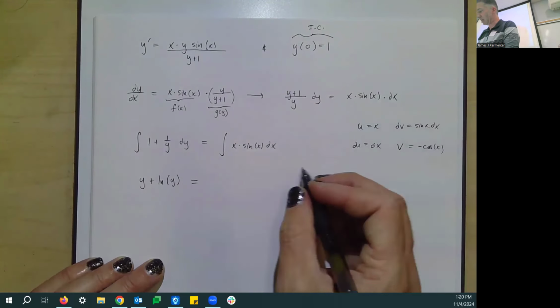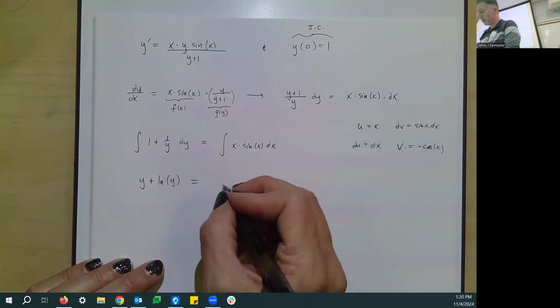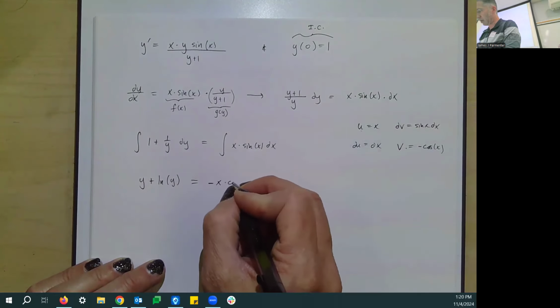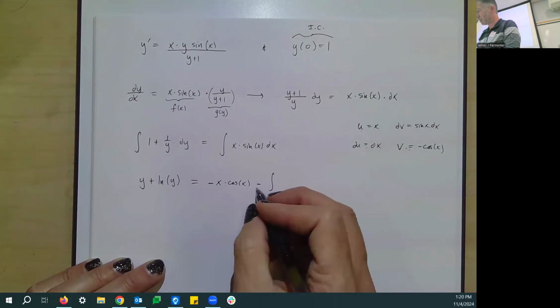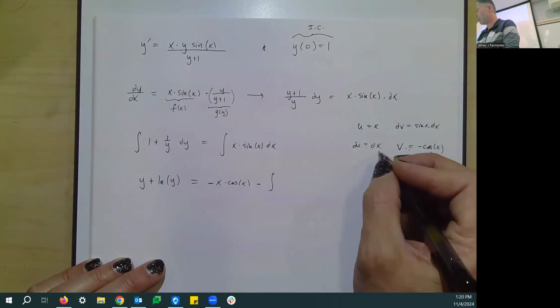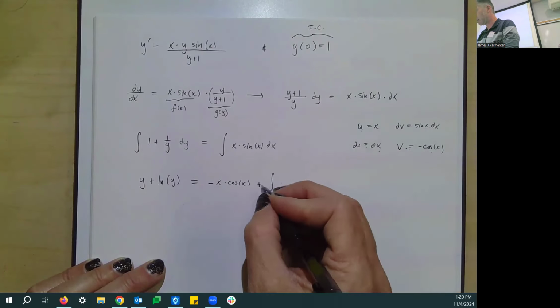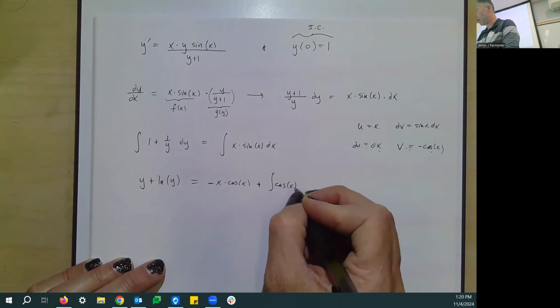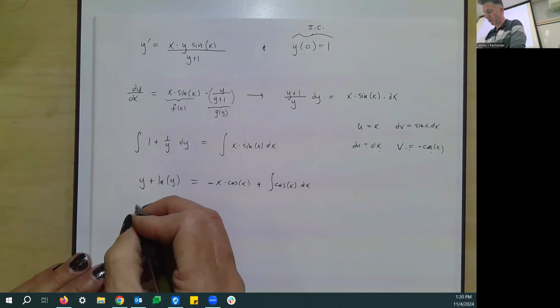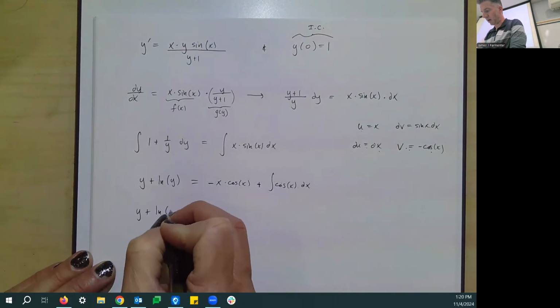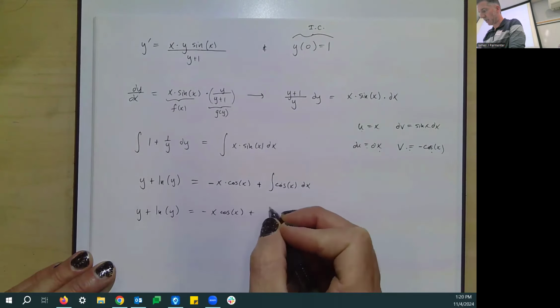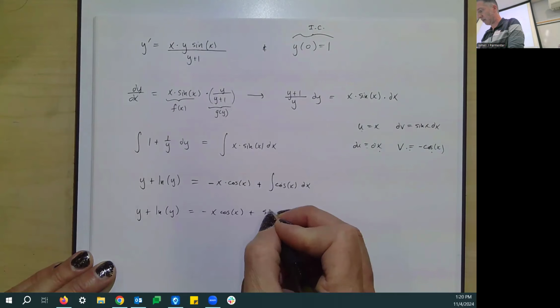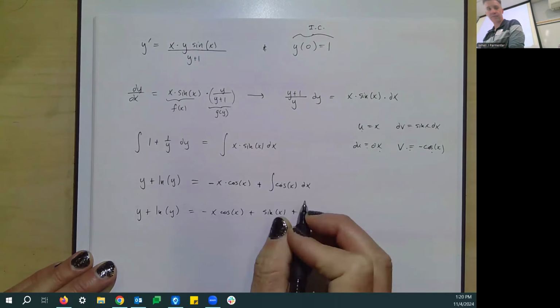So we're going to end up getting u times v, so negative x times cosine of x, minus the integral of v du, so minus the integral of negative cosine times dx, but a minus is a plus, the integral of cosine of x dx. So we have y plus the natural log of y equals negative x cosine of x plus the antiderivative of cosine, which is sine of x, plus c.